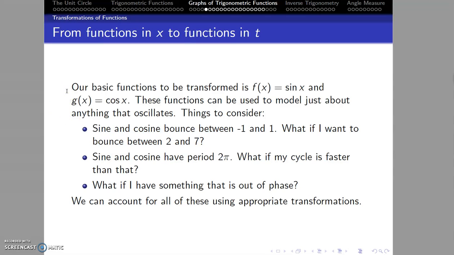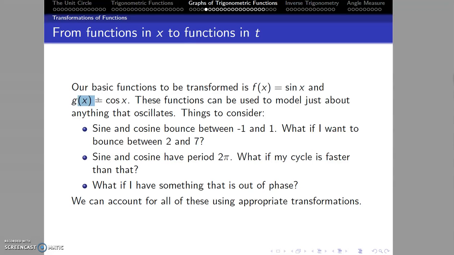But before we do that, I do want to introduce a slight change in the usual notation we've been using. Up until this point, we have been looking at functions in t, in essence. We've had sine of t and cosine of t, where t was the number about which we moved on the unit circle. Well, now I want to stop doing that and start calling it y is sine x, and g of x or y is cosine x.